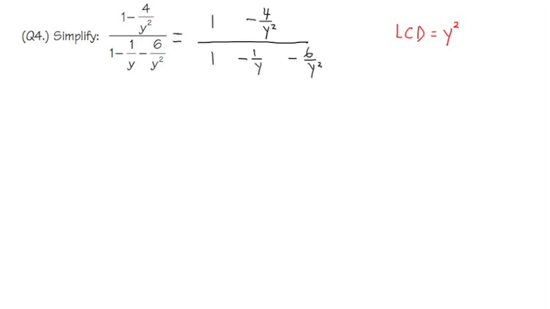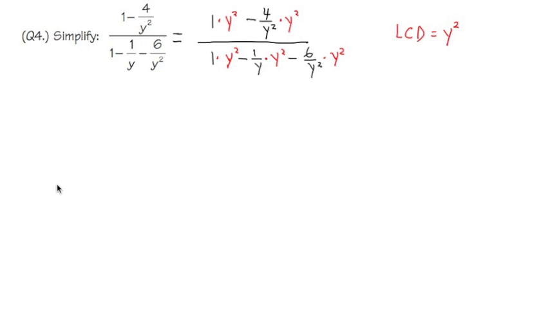The reason I left the spaces is because, as I said, I'm going to multiply everything by y squared. So literally, I'm just going to say I have 1 times y squared here, times y squared here. You see, we are multiplying everything by the LCD. So let me just do that.